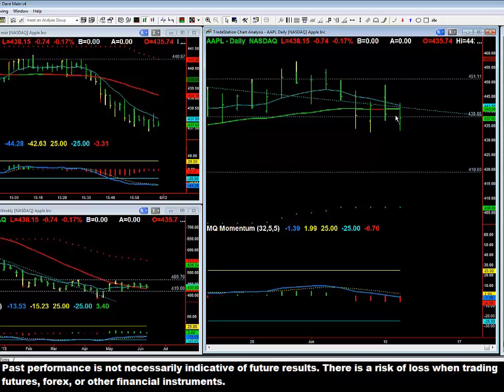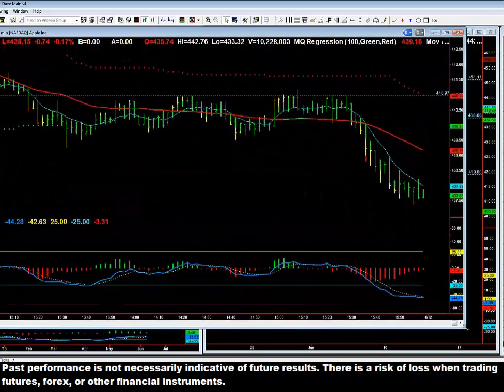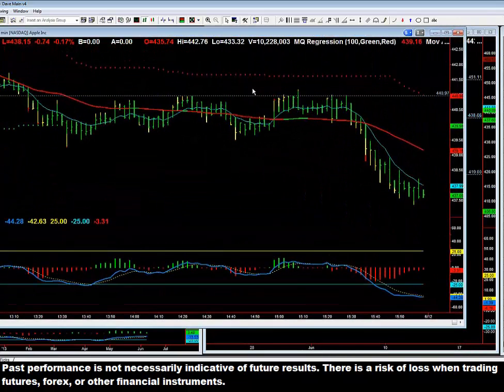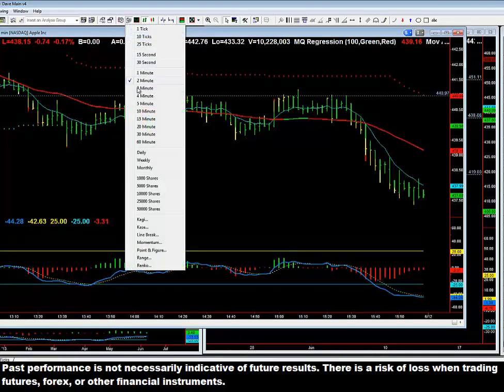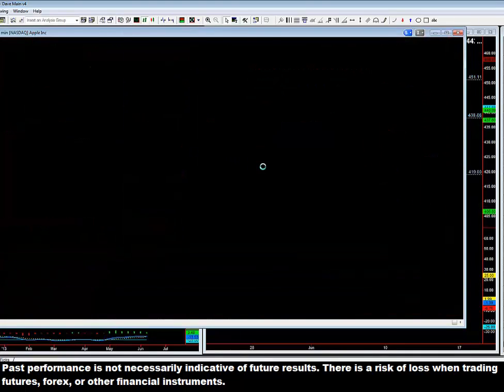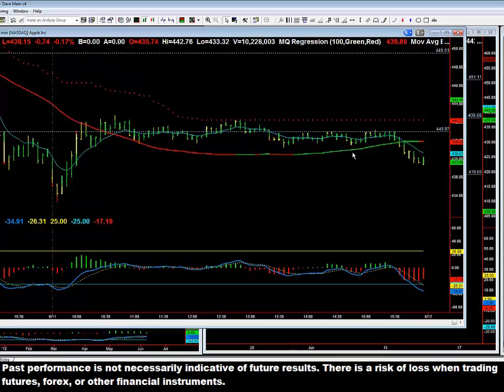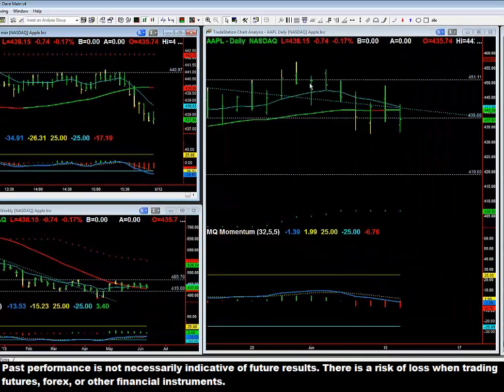What I will do, if I think Apple is going to fall before I enter a position, I'll look at a shorter term time frame like this 2-minute chart, or maybe a 5-minute chart, and look for a bearish divergence. Now you'll say, Dave, what's the difference? Well, the difference is I'm taking the bearish signal off of a daily. Like here, we're below this 438.06 level.